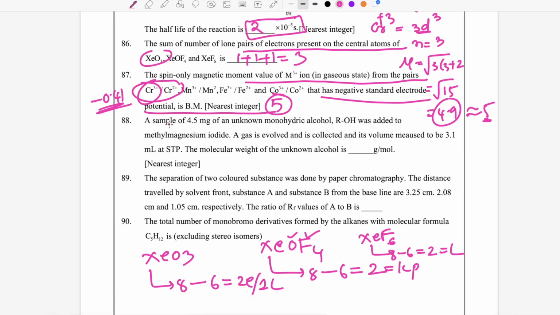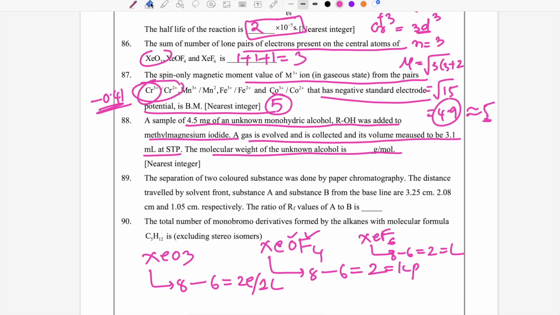Right. Next, a sample of 4.5 milligrams of an unknown monohydric alcohol was added to methyl magnesium iodide. The gas evolved is collected and measured as 3.1 milliliters, and the molecular weight of the unknown compound is asked.